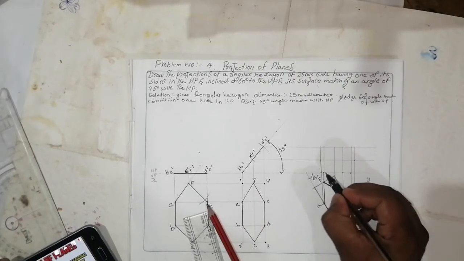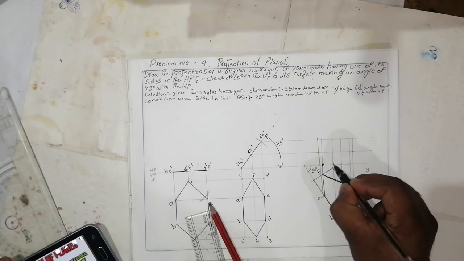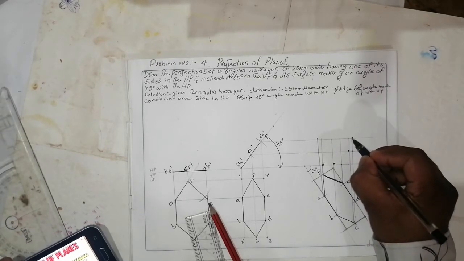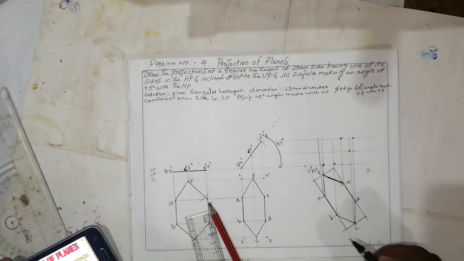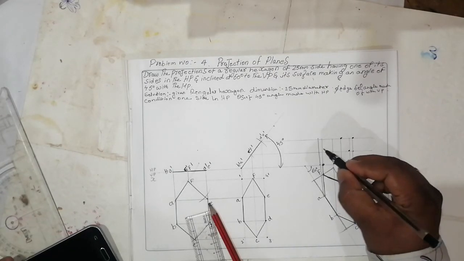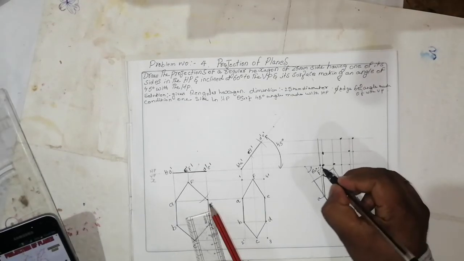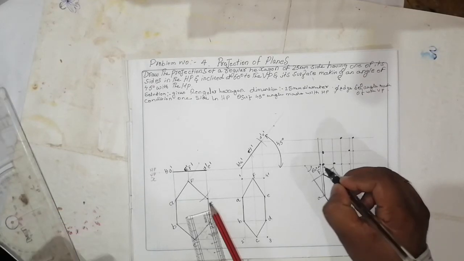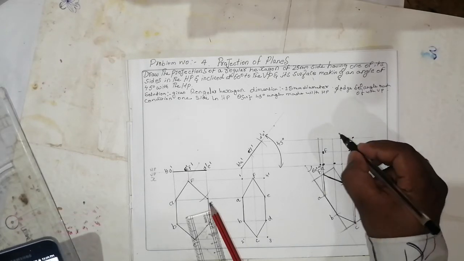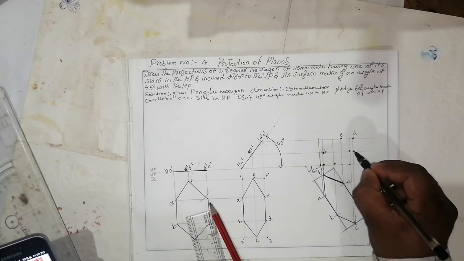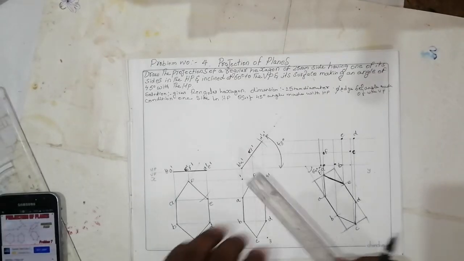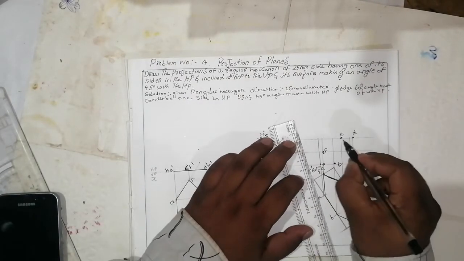A is going to be here, B is going to be here, C is going to be here, D is going to be here, then E is going to be here, then F. A is going to be here, F, E, D, C, then B. So your hexagon will come like this.